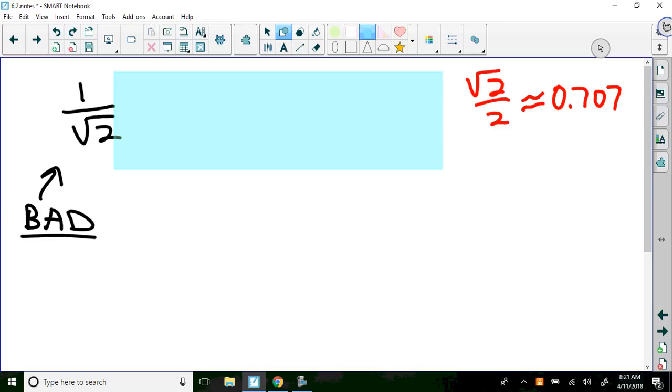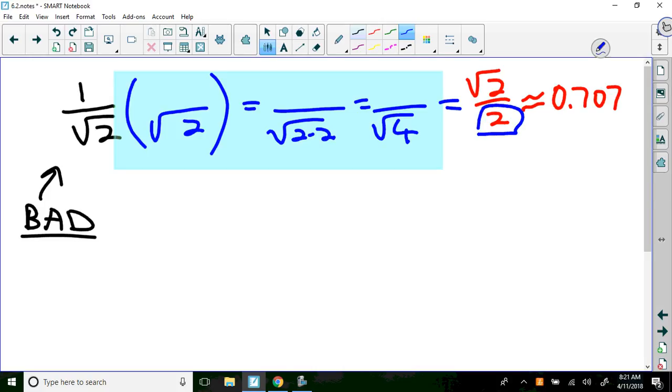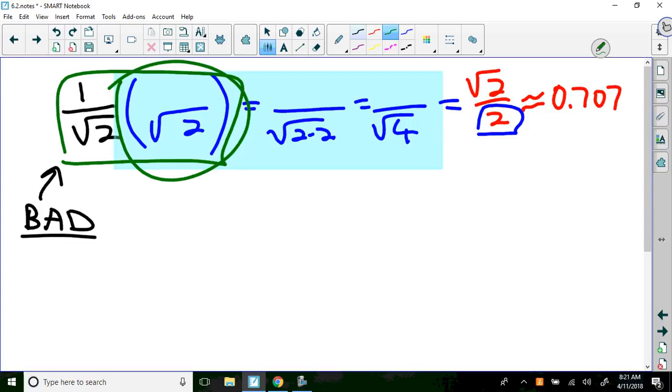You have to multiply by radical 2 in the denominator, which is going to make the denominator rad 2 times rad 2, which is rad 4, which is just 2. And whenever we take some expression and multiply it by something other than 1, we're changing its value.